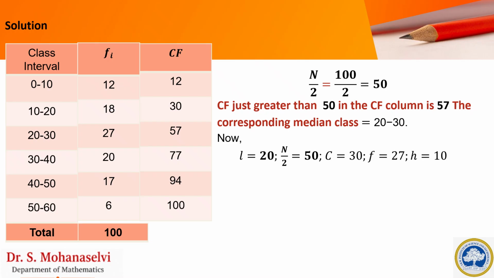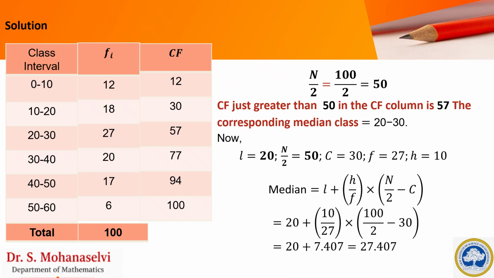Then C is the cumulative frequency just preceding the median class, so it will be the one just above that 57, which is 30. Then the corresponding frequency of the median class is 27, and the class width h is equal to 10, as the class intervals spread from 0 to 10, 10 to 20, etc. Now we substitute all these values in the formula L plus h by f into n by 2 minus C. We will get the median value as 27.407.